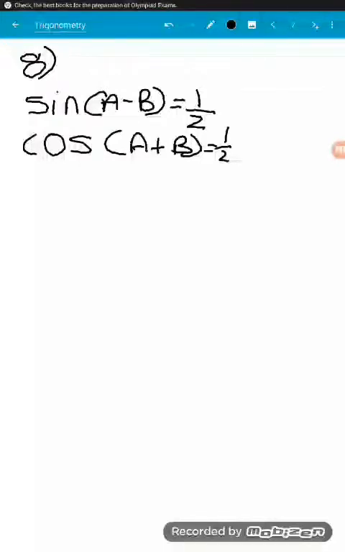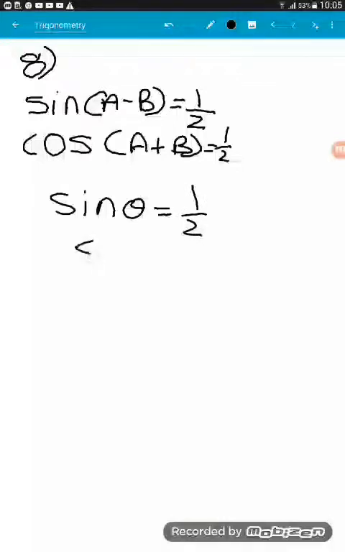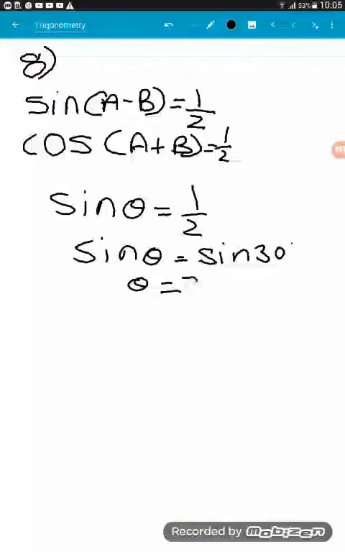Now we know that for sine A minus B, just take it as sine theta. Suppose sine theta equal to 1 by 2. So as I said, sine theta equal to 1 by 2 means sine theta equal to sine 30 degree. So that means theta equal to 30 degree.